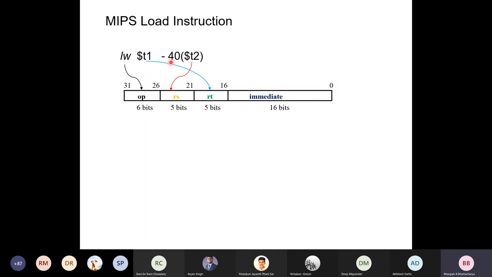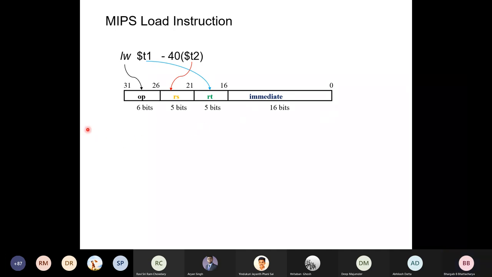That means this offset value could be plus or minus, positive or negative, and that must be representable in 16-bit 2's complement. So there are certain limitations. There are some bounds on this value. You cannot have an arbitrary value here. That must be representable within a 16-bit 2's complement number.